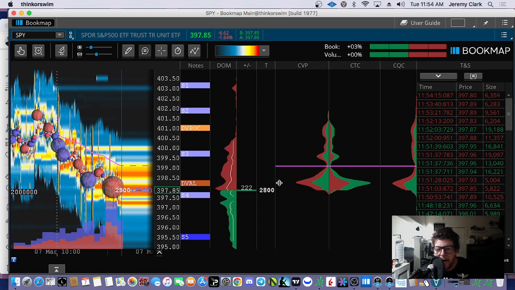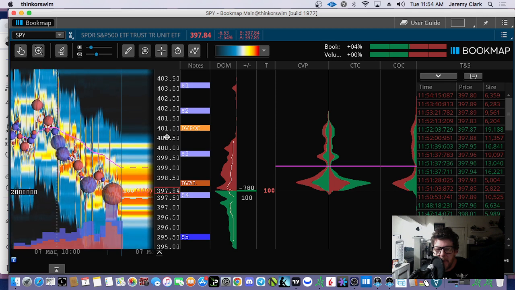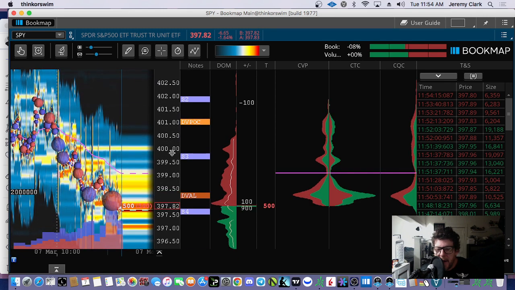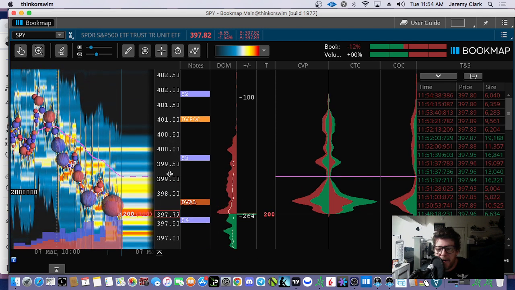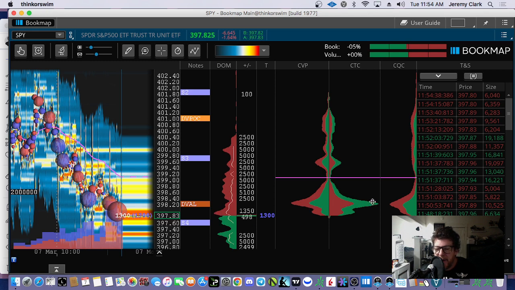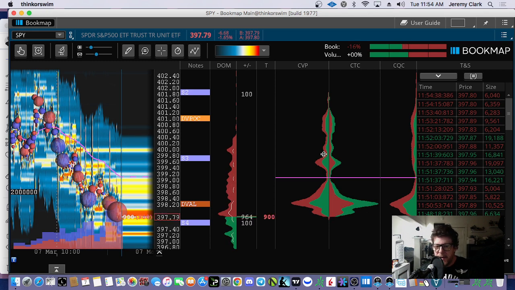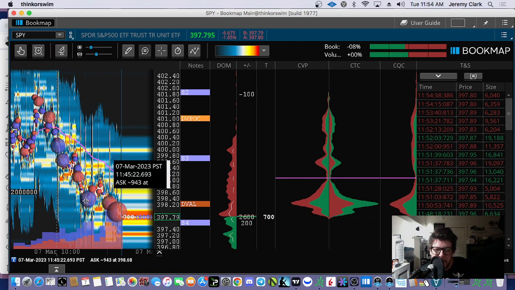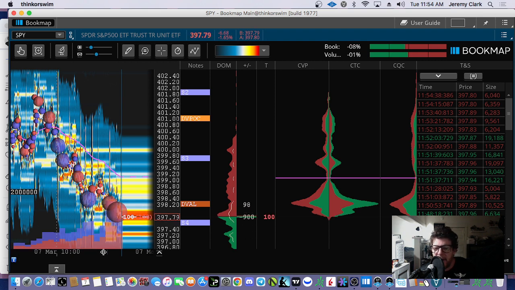And oftentimes you'll see the point of control and the volume point of control can be roughly equal. Sometimes the volume will happen a little bit higher or lower, and vice versa. But you can see they're happening right around this area. And these are the trades that have just happened based on my chart, whatever time frame I'm looking at. It looks like I might be looking at an hour over here.